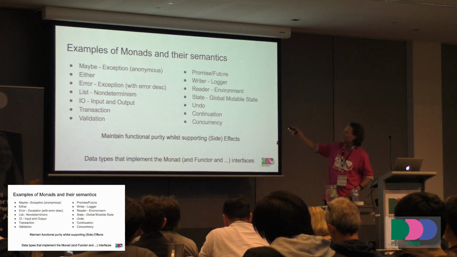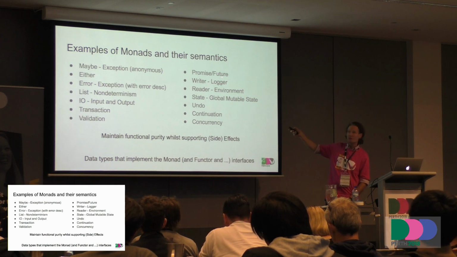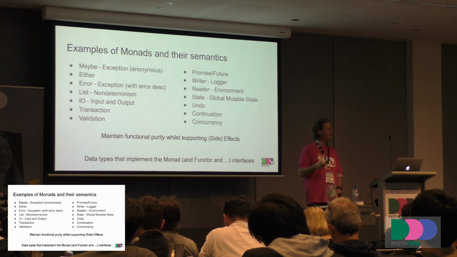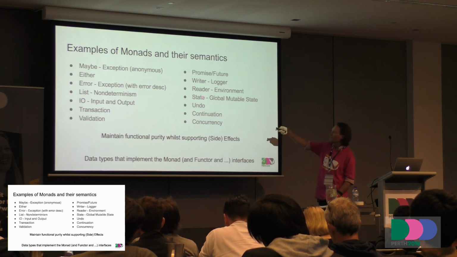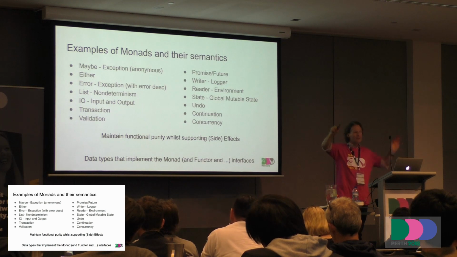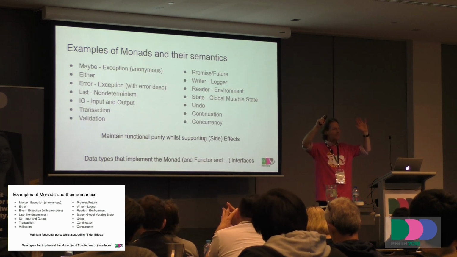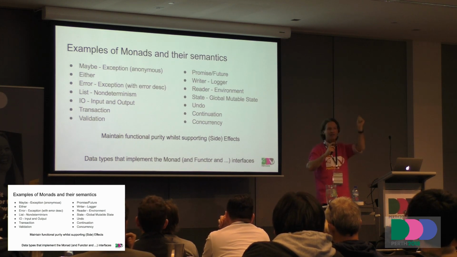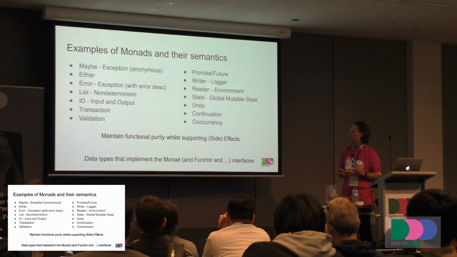Over here, promises and futures, writing to a log, reading configuration, and global mutable state can be done using monads. We write a global state monad, which does some manipulations behind the scenes so that your particular function will have access to some mutable state, can read it and write it in a purely functional way, not being confusing like a traditional approach.